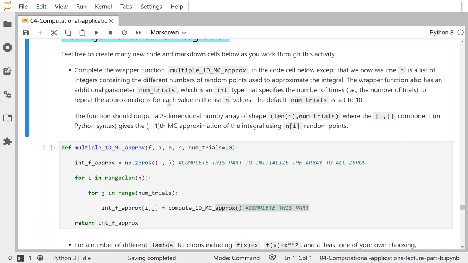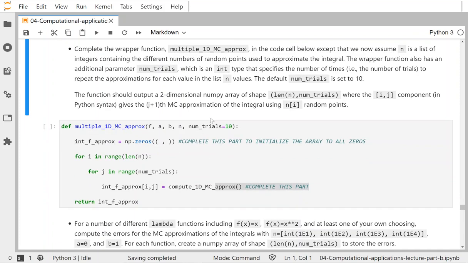The wrapper function also has an additional parameter, numTrials, which is an int type that specifies the number of times, i.e. the number of trials, to repeat the approximations for each value in the list of n values. The default numTrials is set to 10. So I've defaulted it to 10. There are some additional instructions here, but I think you can finish reading.